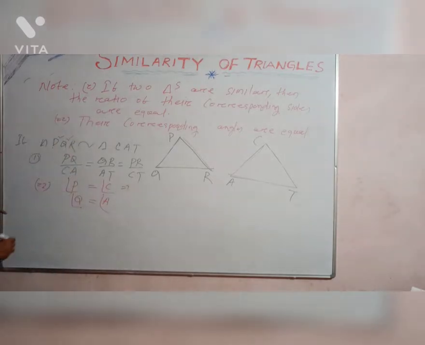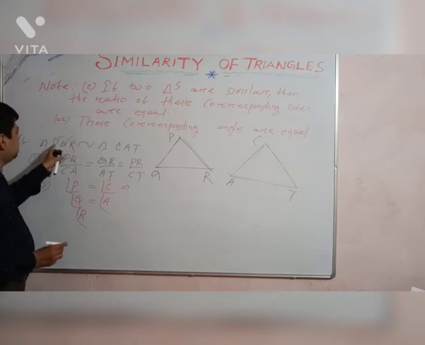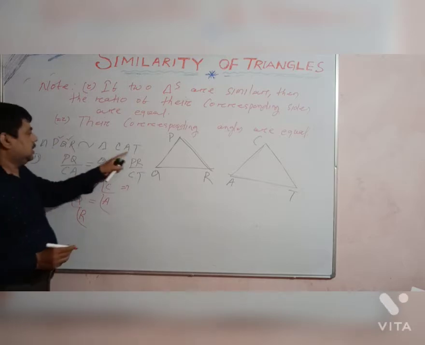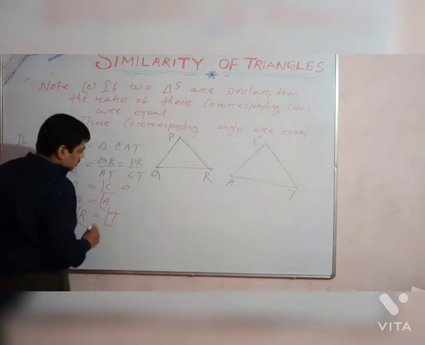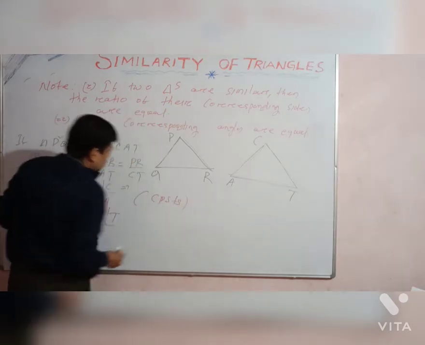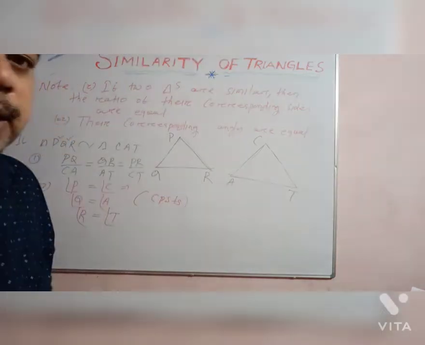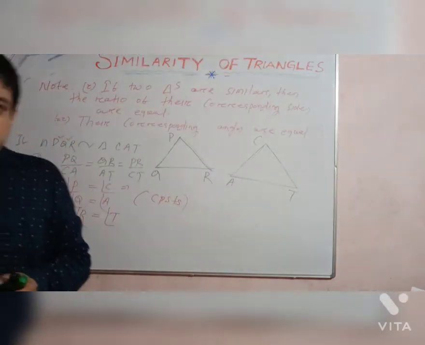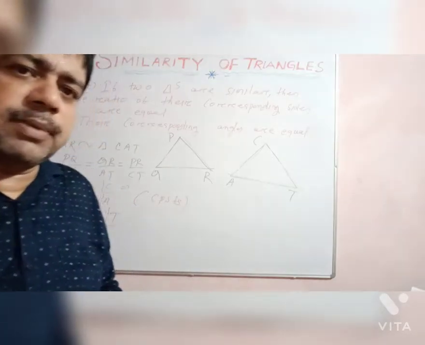And another one, angle R means angle PRQ, and angle T means angle CTA. These are the corresponding parts of CPST. So if two triangles are similar, then the ratio of their corresponding sides are equal and their corresponding angles are equal. Okay, understand?